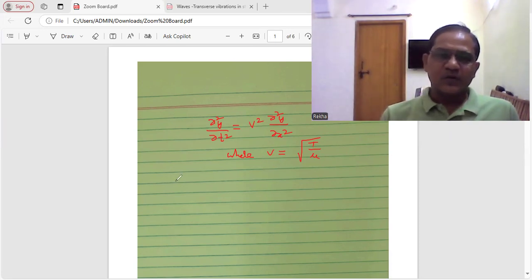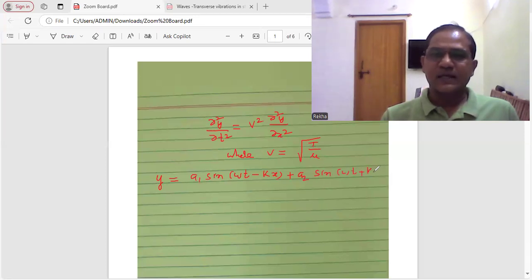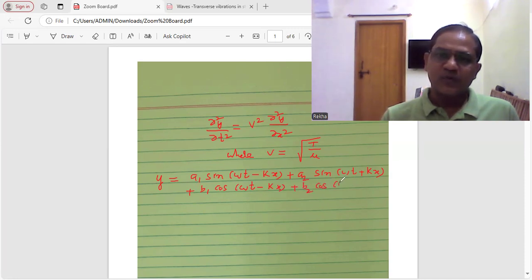Now the general solution of this second order differential wave equation is given by y is equal to A1 sin(ωt − kx) plus A2 sin(ωt + kx) plus B1 cos(ωt − kx) plus B2 cos(ωt + kx).